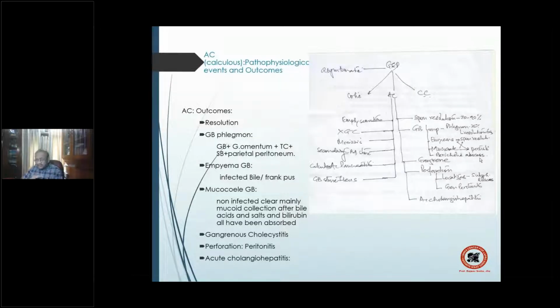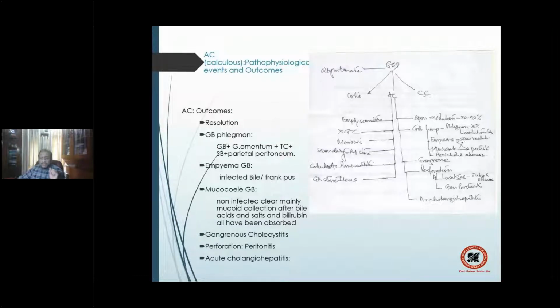So the first was spontaneous resolution. The second is the appearance of a gallbladder lump, and there are four reasons for it. The next presentation could be so fast and so rapid, and the ischemia so vast, that the patient undergoes gangrene of the gallbladder, or with this gangrenous gallbladder or severe acute cholecystitis, there has been a perforation of the gallbladder.